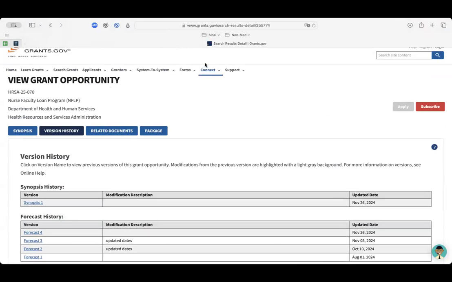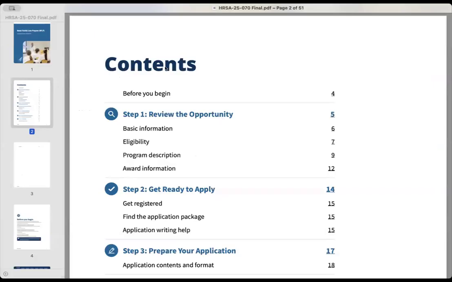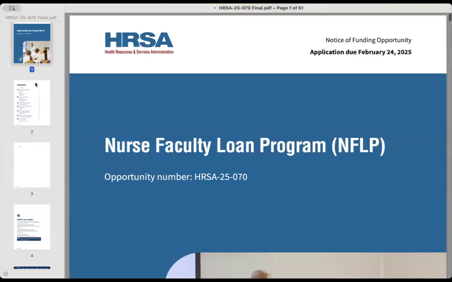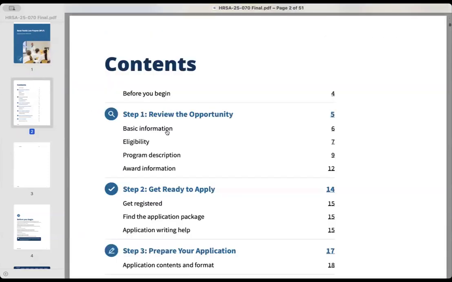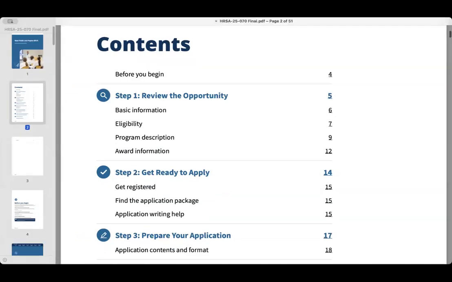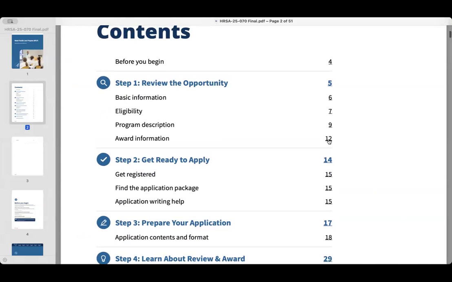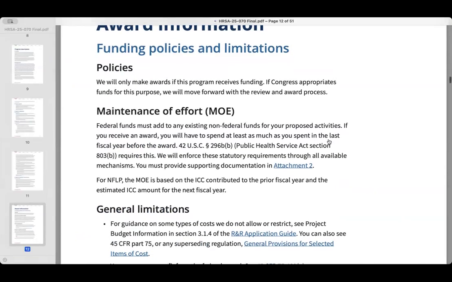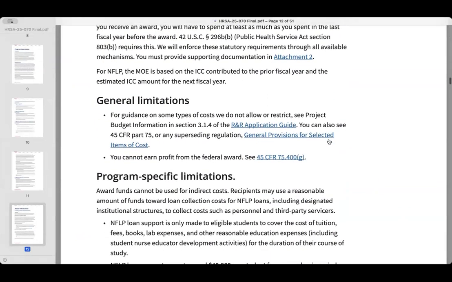All right, back to our book here, and we'll go do a little bit of back and forth as is relevant to our mission here. All right, so we're back in the program booklet for the Nurse Faculty Loan Program. And the first thing I always recommend that people do, besides check the due date, is to go ahead and look at the award information so that they know what kind of asks they're planning on making of someone else.